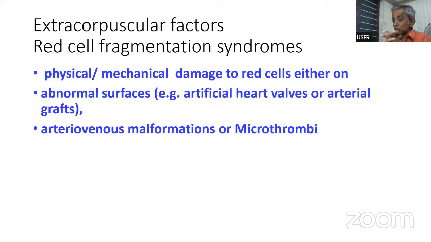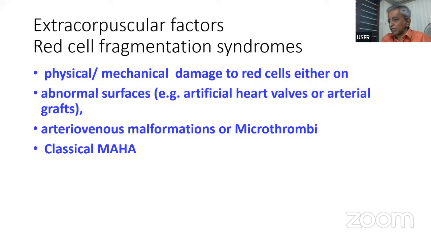Sometimes microthrombi occur in certain situations of fragmentation syndrome. Typically it is HUS, TTP, and DIC. Small thrombi occur. They hinder the passage of RBCs. They hit them and get damaged, and they get lysed.